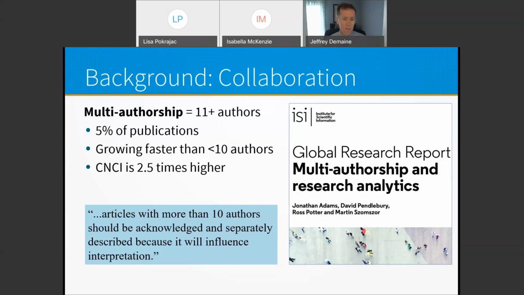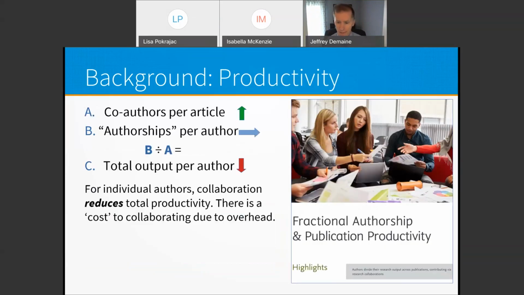Team size matters. And here's another report that came out just a couple of years ago, published by the ISI, the think tank behind Clarivate. They're looking at multi-authored papers, this subset of the publication universe where you have lots and lots of co-authors. They've noticed it's a small but growing percentage of scholarly communication, and it has strange characteristics.